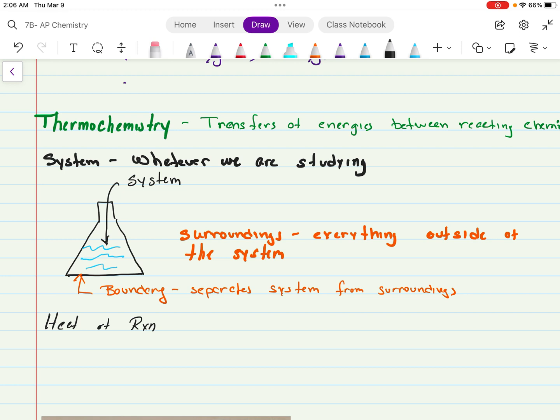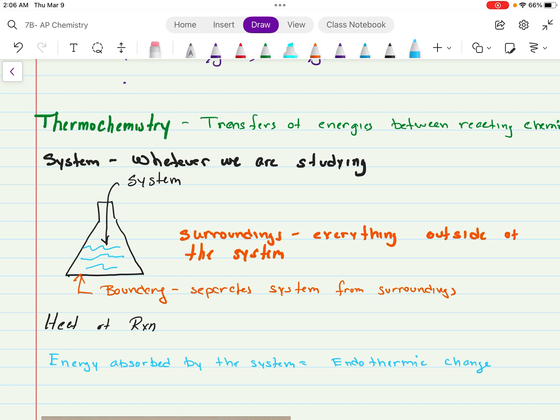So there are two basic changes of state of the system. When energy is being absorbed by the system, we call that an endothermic change.